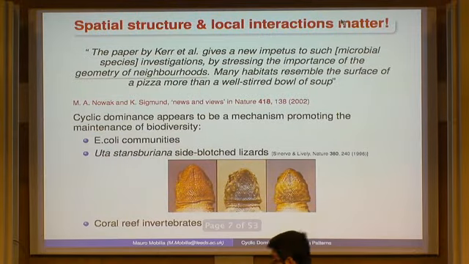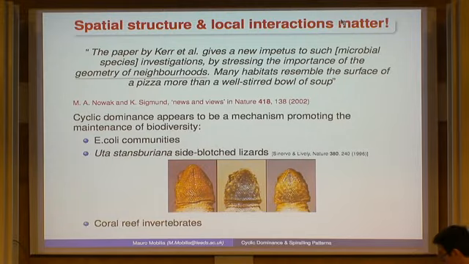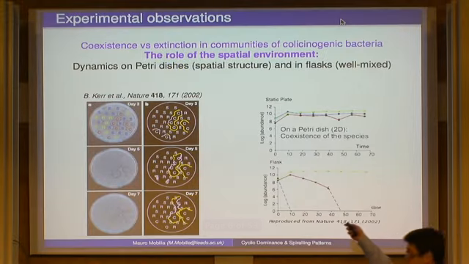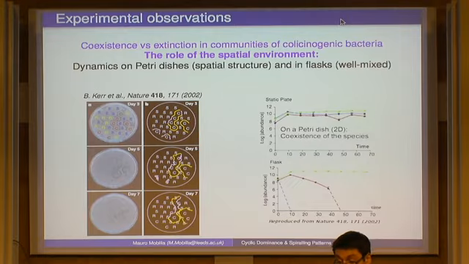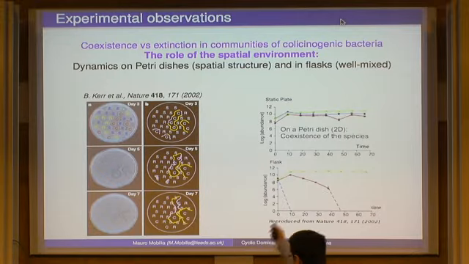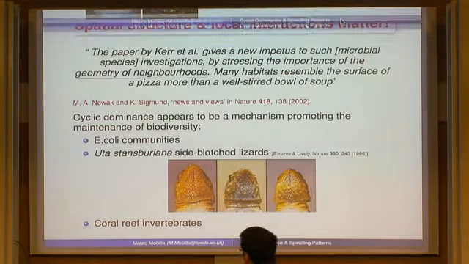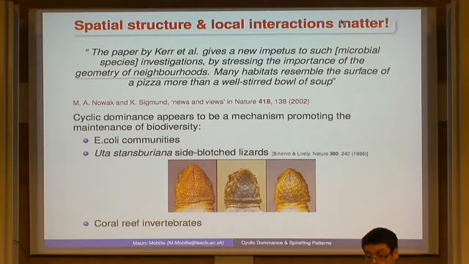But the important thing is that in terms of coexistence, there is a huge difference between implementing the dynamics on the flask, which is something that we usually model in terms of ODEs and mean field, rather than what happens on a static plate, where we have to resort to more advanced mathematical modeling methods, right? So that's where we are going.